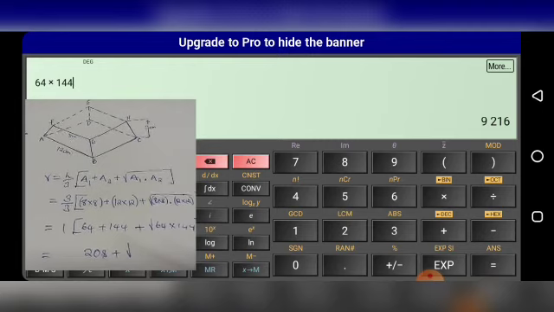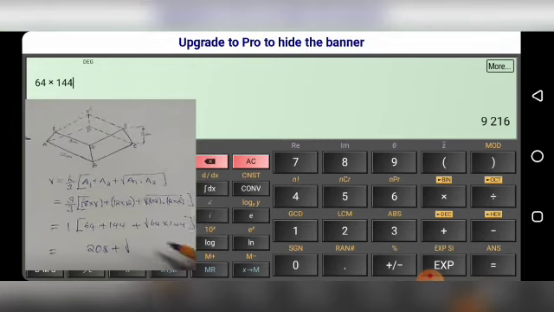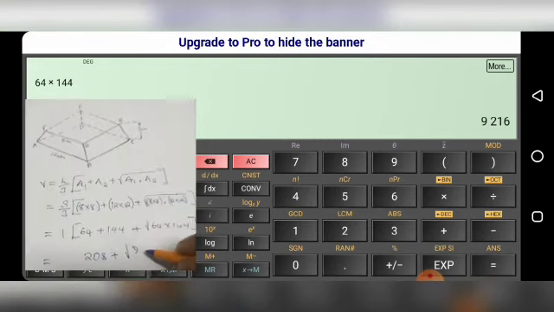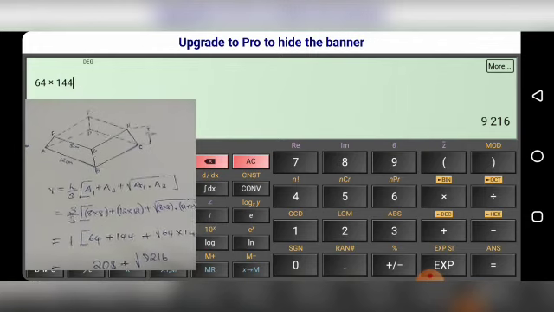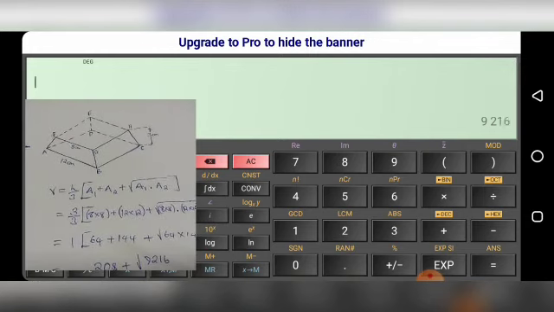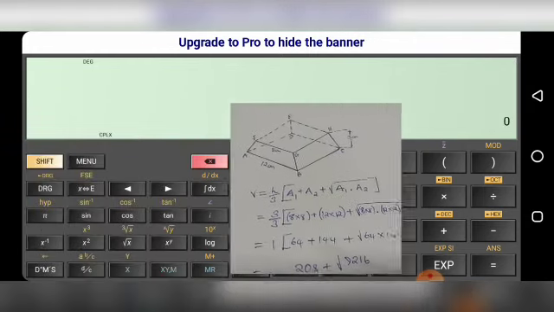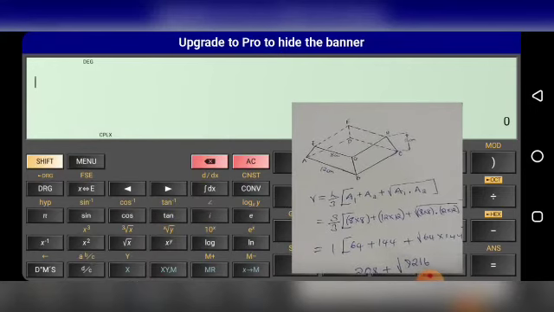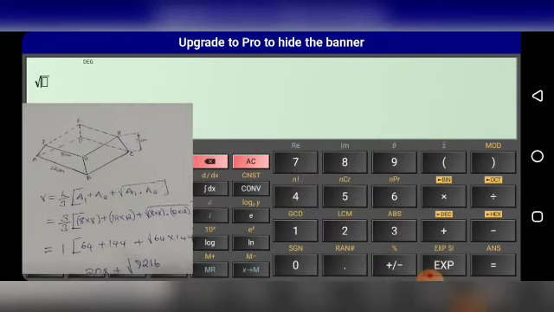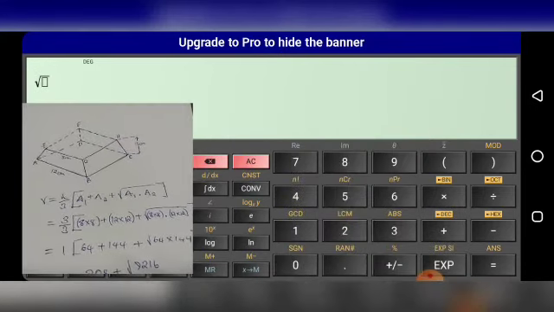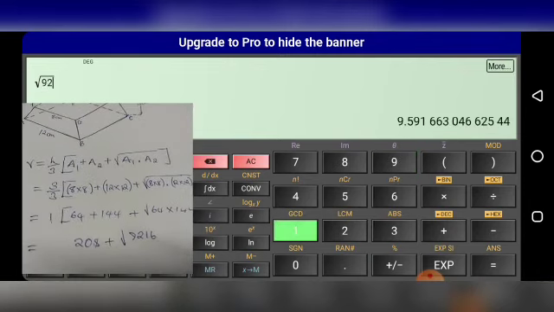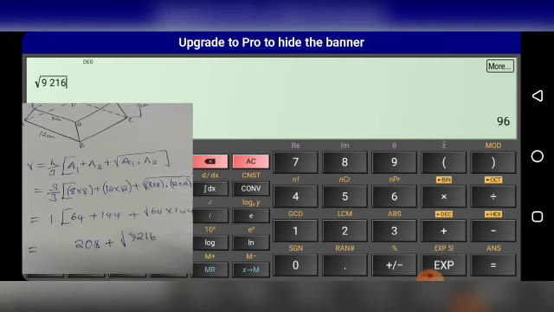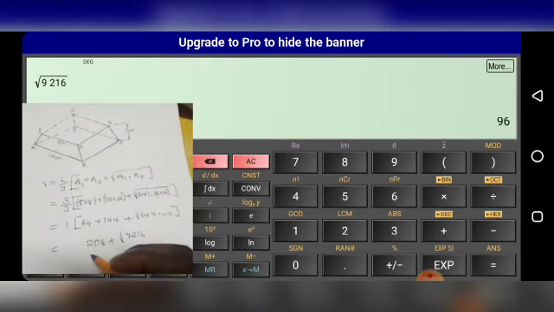So I can take note that what we have is 9,216, then I have to square root that. Square root of 9,216. That is 96.